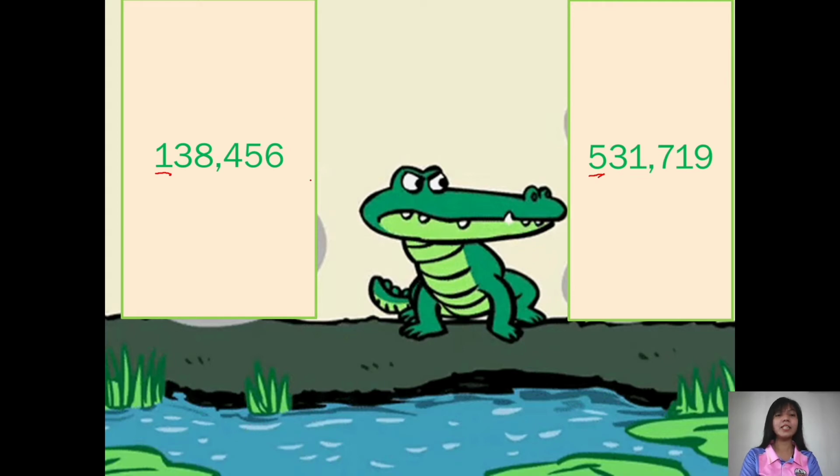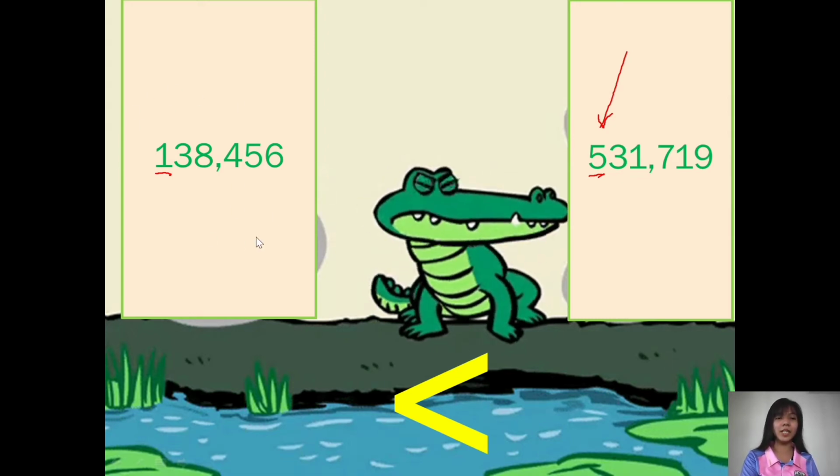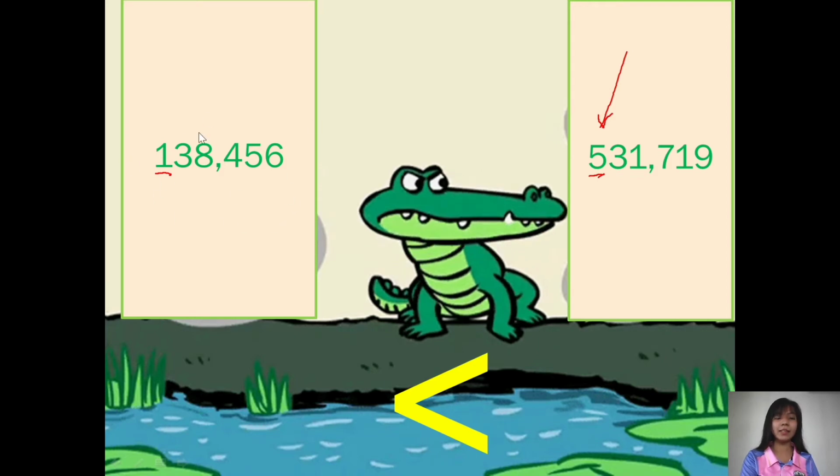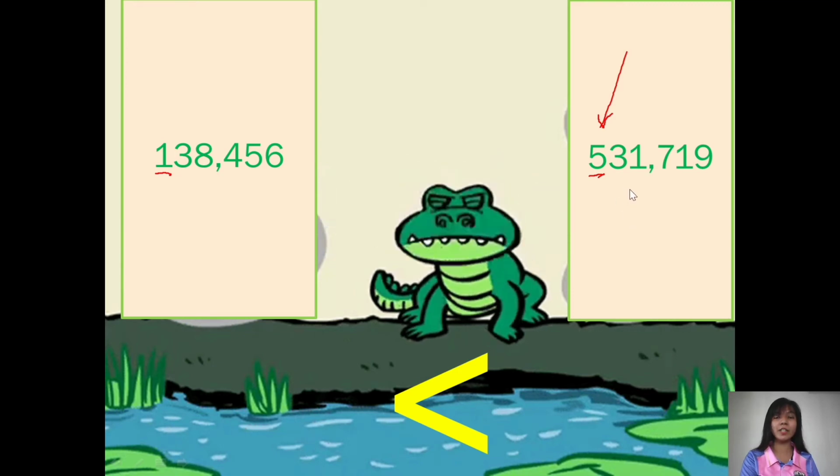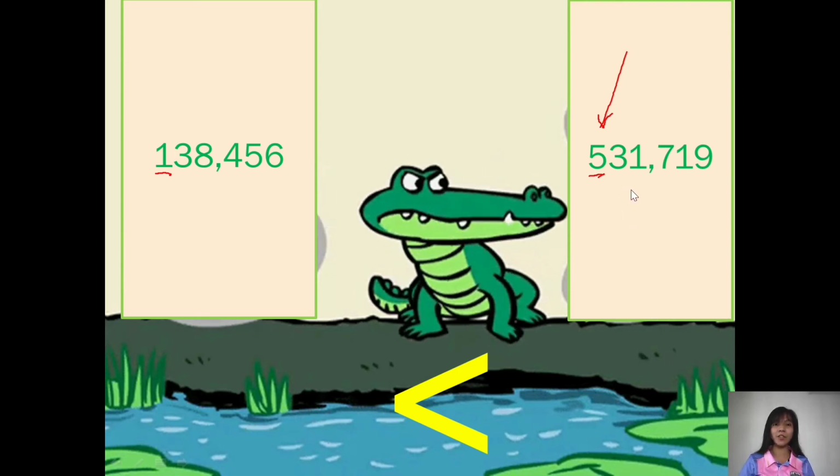On which side do you think the crocodile will open his mouth? On this side, because 5 is bigger than 1. So we are going to use this symbol, called the smaller than symbol. Let's read: 138,456 is less than 531,719. Do you understand?